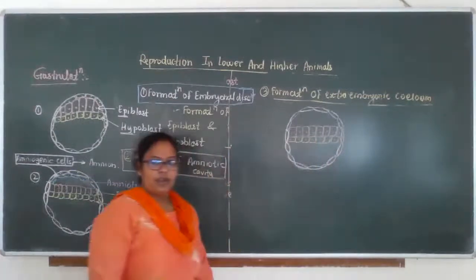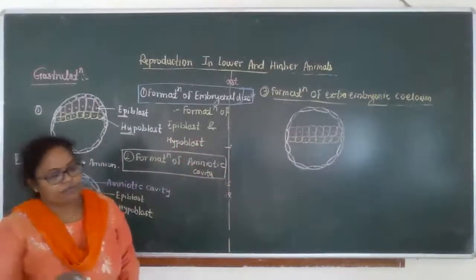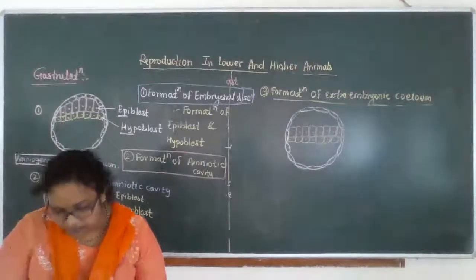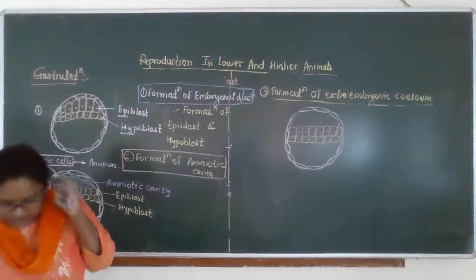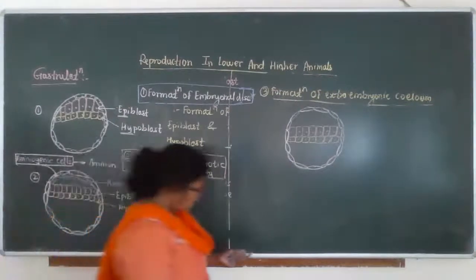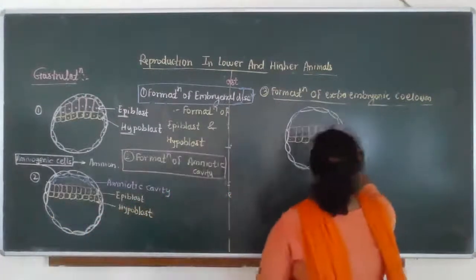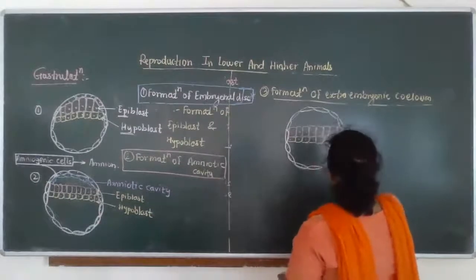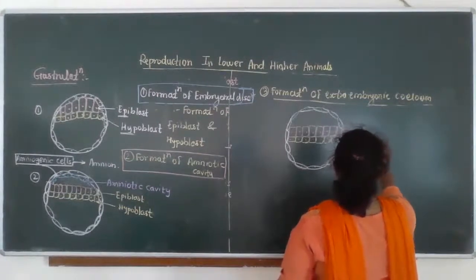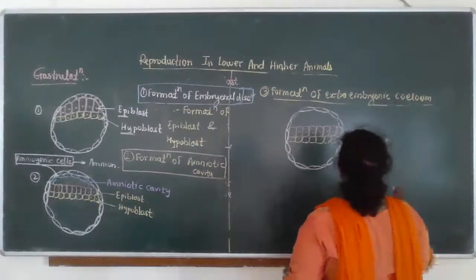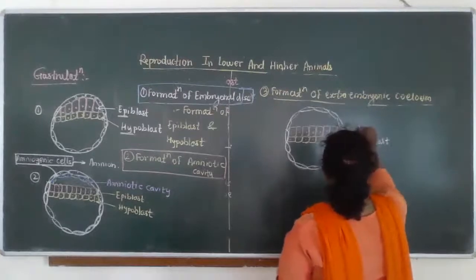Okay, so what happens during the formation of the extra-embryonic endoderm? Here, especially, these are the hypoblast cells, and this is the epiblast cell.